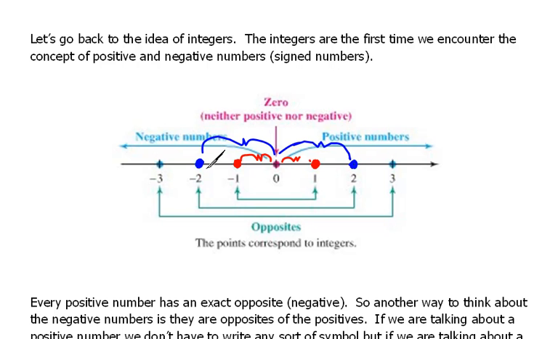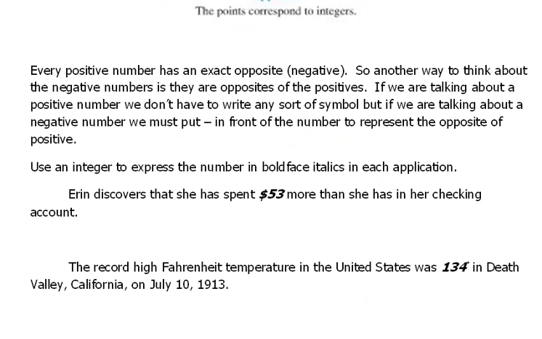The exact same distance, the exact same amount, but in the opposite direction. That's really what we're talking about when we say a negative number. It is the opposite of the positive. Same distance, just opposite direction. So you can think of negatives as being opposites. It's exactly the same thing.